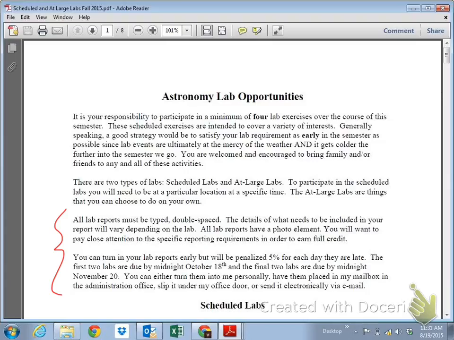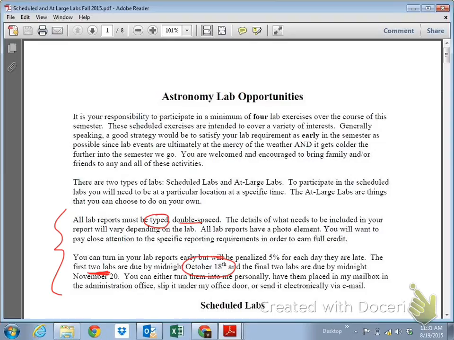You need to type your lab reports, double-spaced. What needs to be included in your lab, I'll tell you momentarily, because it depends upon which lab you did. The other thing I've unpacked here: 2 labs are due by October 18th. It's a Friday, midnight.